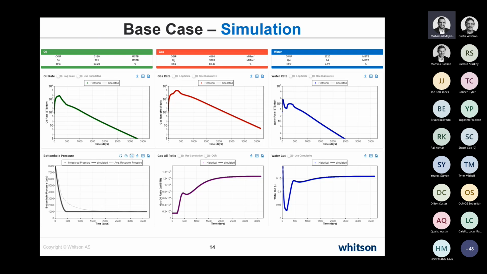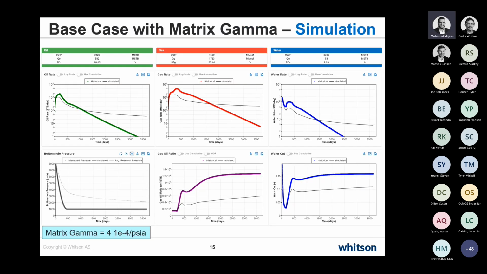Okay, so this is the base case. Just as a reminder, this is the case we started with. And if I include the matrix gamma, then the performance would be the black line that you're seeing here. I'm keeping the red, which is the historical data here, as the base case without gamma. So here you see what the effect would be of just adding the pressure-dependent permeability to the simulation model.